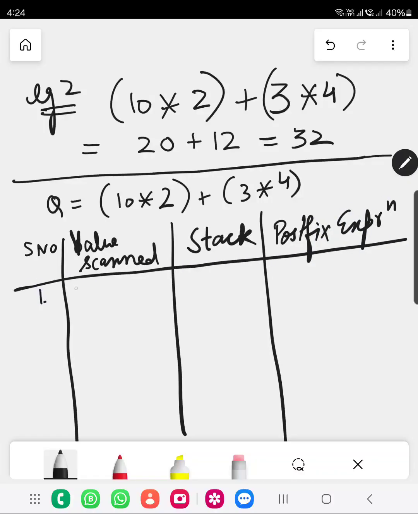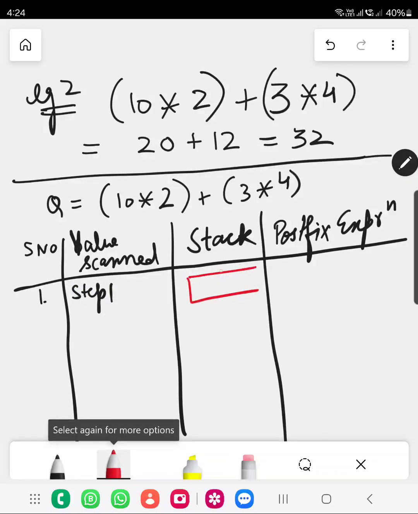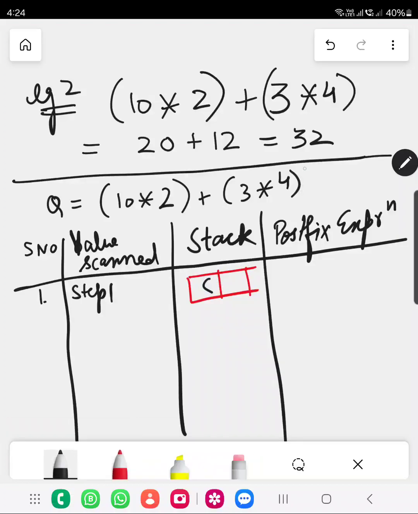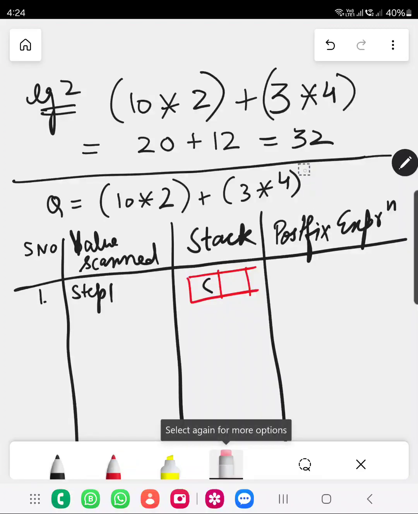First is to follow step 1, which is to put a left parenthesis onto the stack and a right parenthesis at the end of the stack.